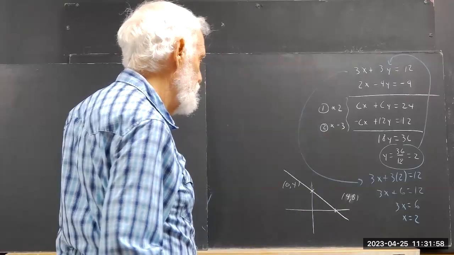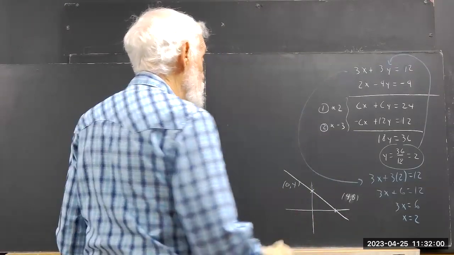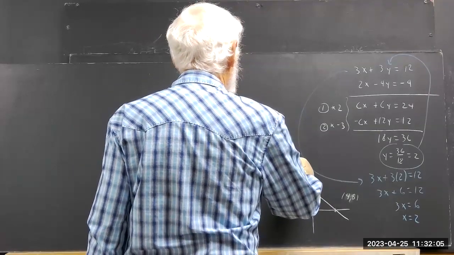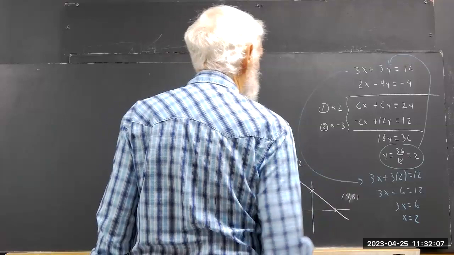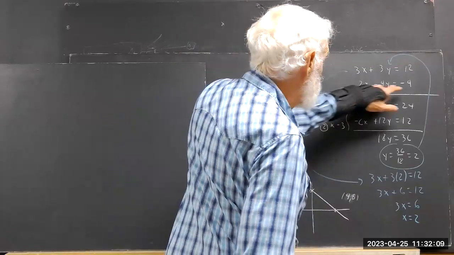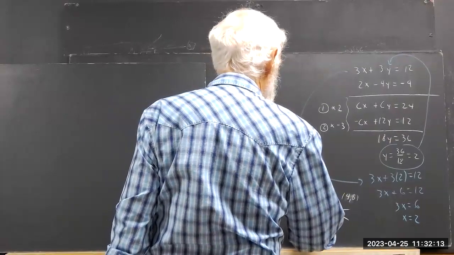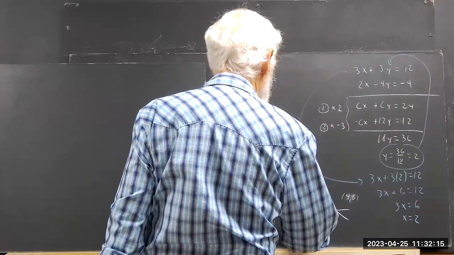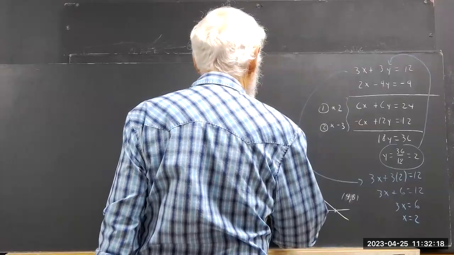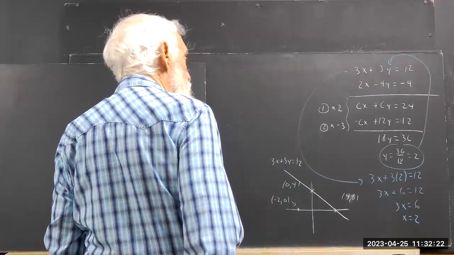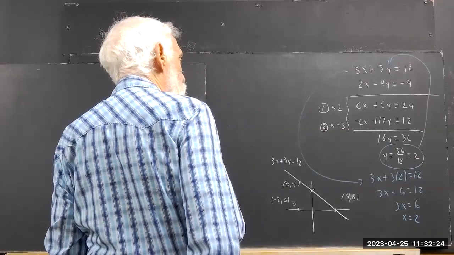There's our graph of the first equation, 3x plus 3y is 12. Second equation: if y is 0, x is -2, so we have (-2, 0). And if x is 0, y is 1.